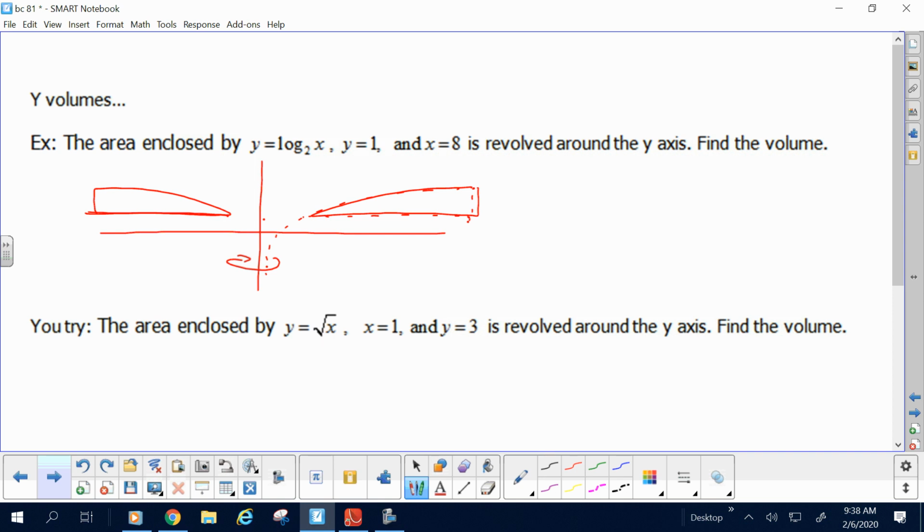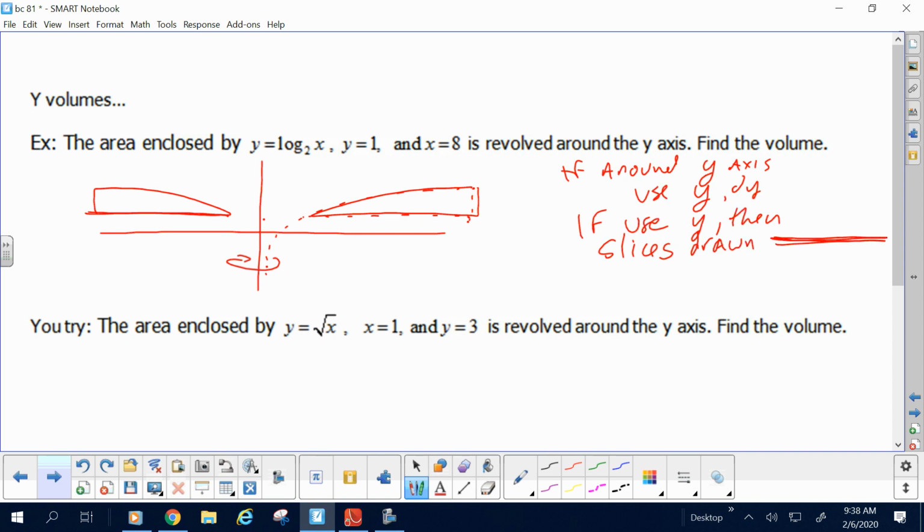If I go around the y-axis, I use which variable? y and dy. If I use y, then slices are drawn this way. That's a dy slice.